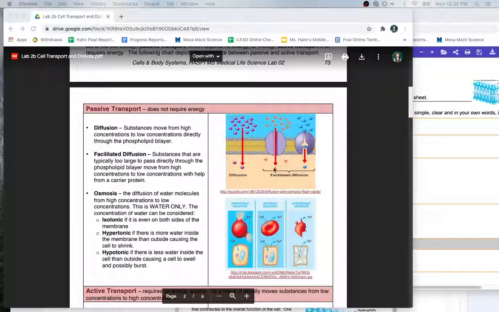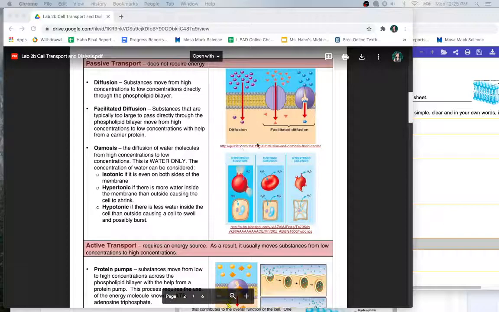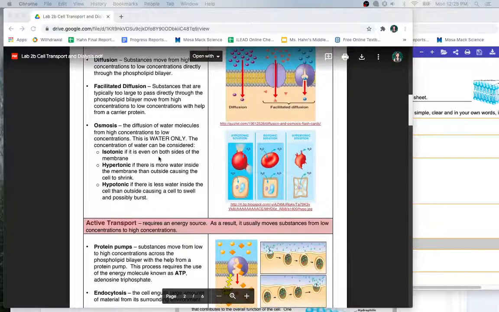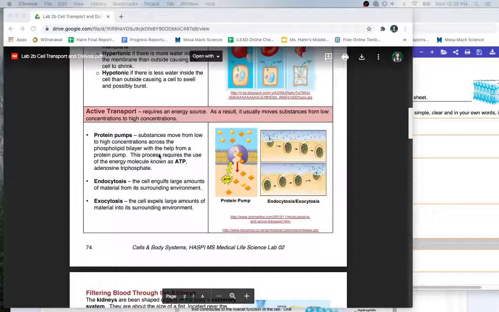Sometimes it needs a little help if it's too big, but all of these don't require energy. If we're talking about water moving from high to low, we call that special type of diffusion osmosis. And then sometimes you do require energy when you're going from low to high, and that's called active transport.